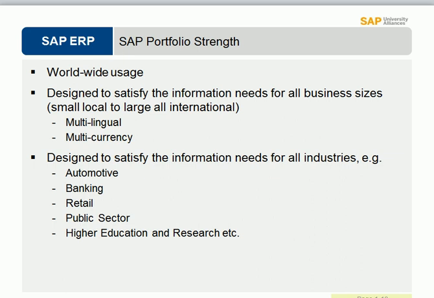As I said earlier, we have solutions for the different industries, so automotive, banking, retail, public sector, higher education. All of these are different solutions that are provided by SAP.